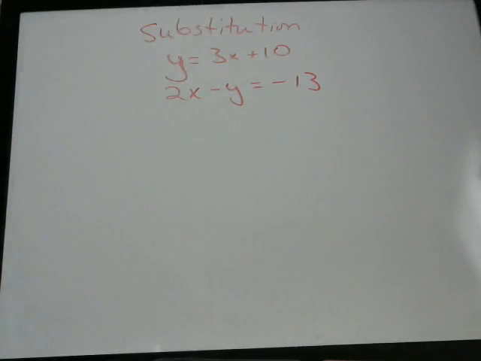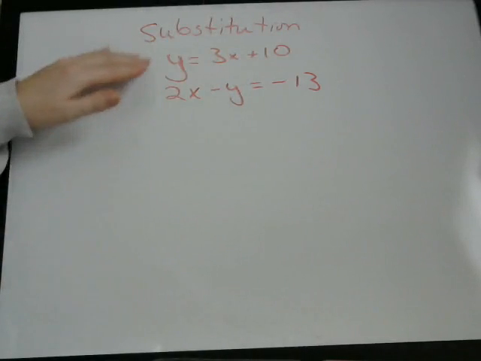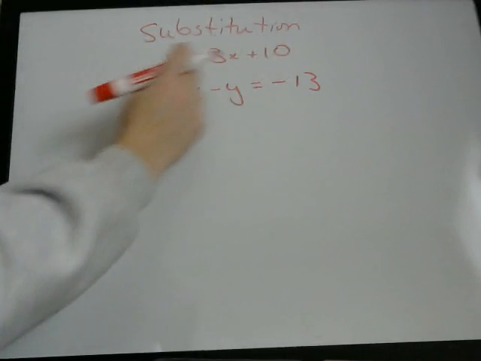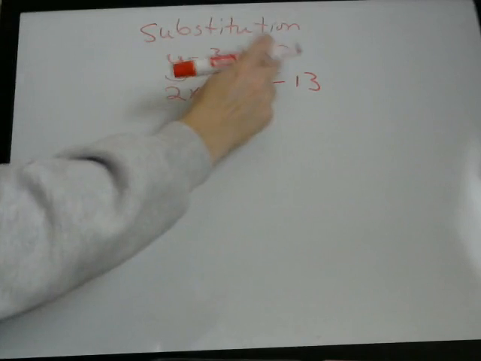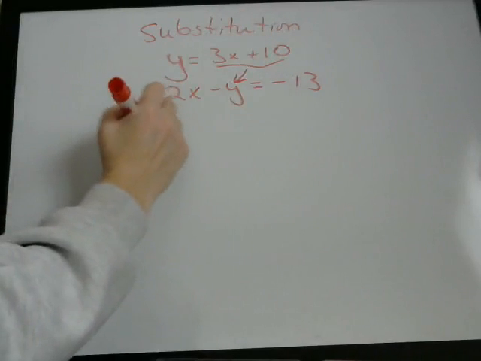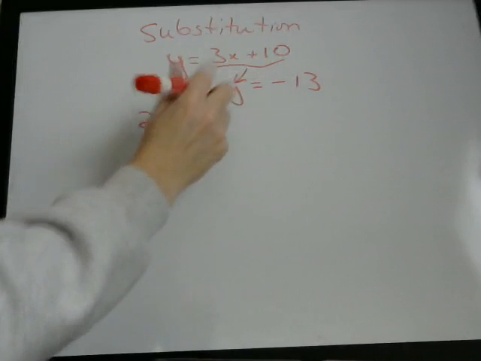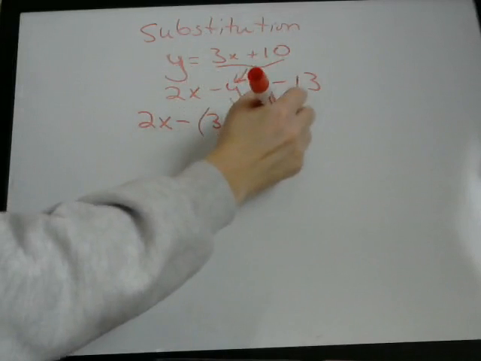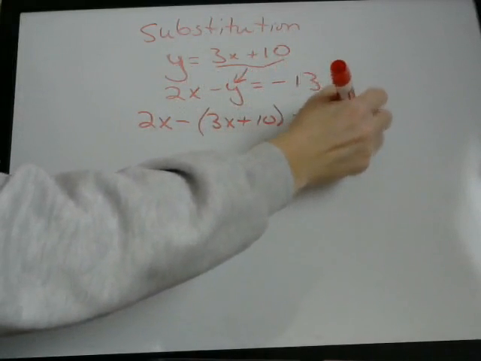So again, we're going to do the same methodology using the algebraic method. Here we have y equals 3x plus 10, so we're going to substitute this expression in for that y. And we're going to have 2x minus y, which is 3x plus 10, equals negative 13.